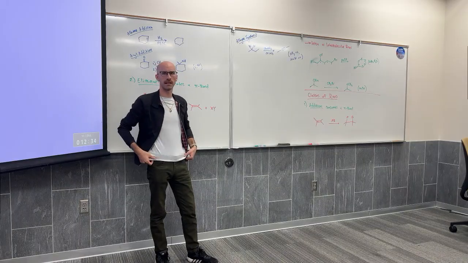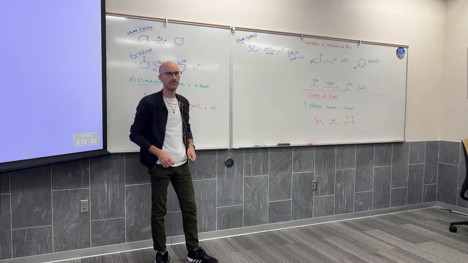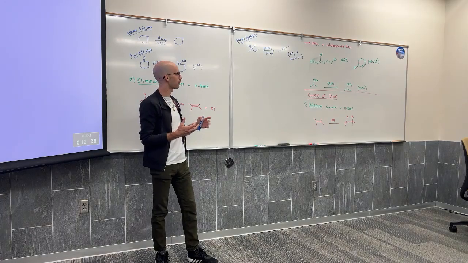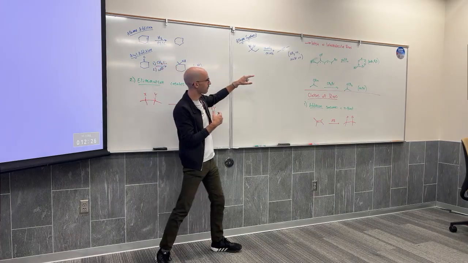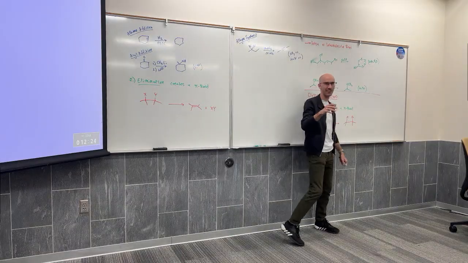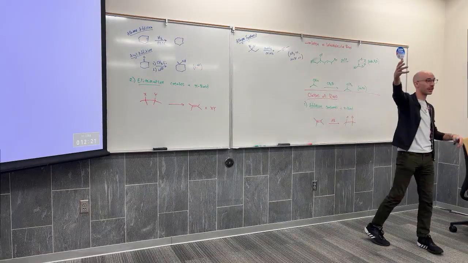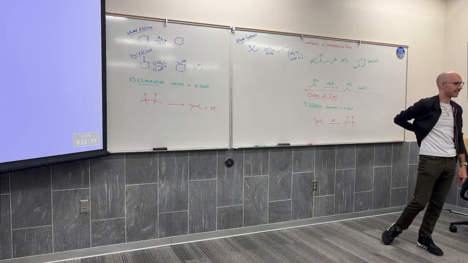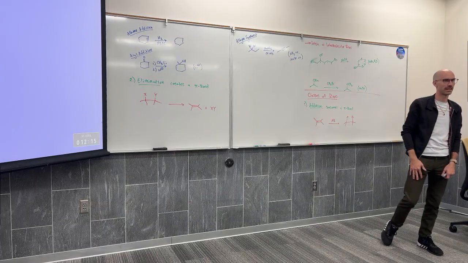Intermolecular or intramolecular? Intermolecular. Because I told you earlier, one part of an atom bonds with another part of an atom. Typically not like this, though. Not next to each other. Not in elimination reactions.